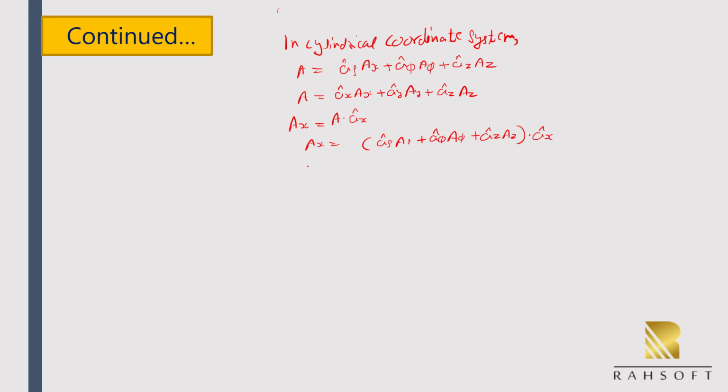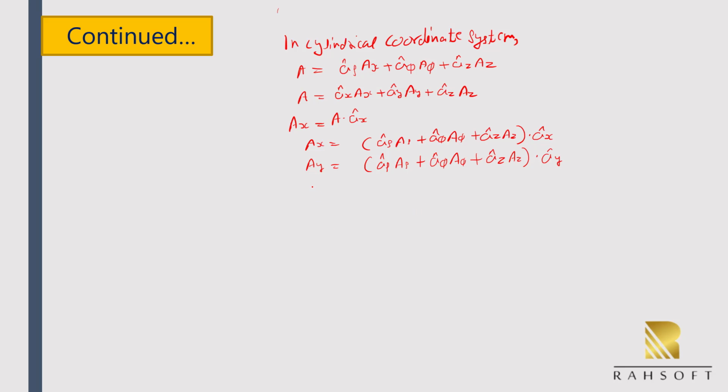Similarly, we can write the vector A_y equal to unit vector a_rho A_rho plus unit vector a_phi A_phi plus unit vector a_z A_z, dot product with unit vector a_y.